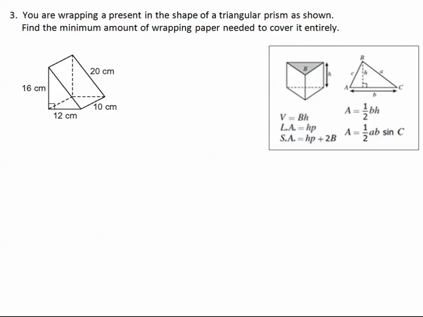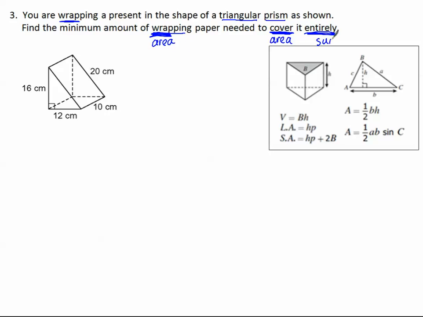Let's try one more. You're wrapping a present in the shape of a triangular prism as shown. Find the minimum amount of wrapping paper needed to cover it entirely. So covering is a keyword for area. Wrapping something is a keyword for area.